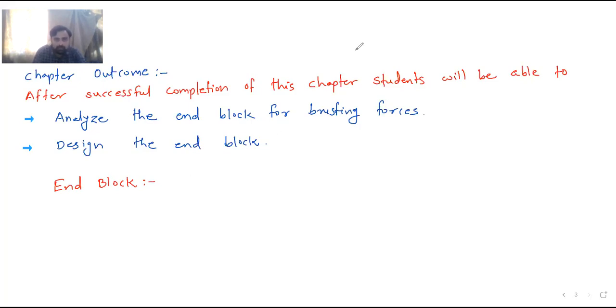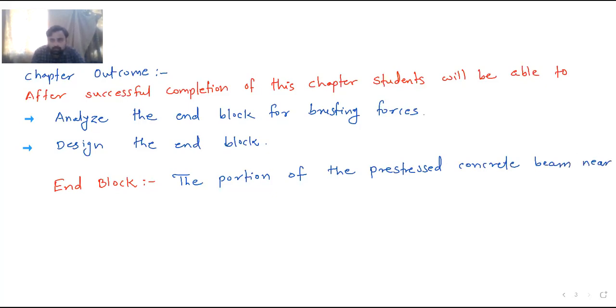So end block is nothing but the portion of the pre-stressed concrete beam near the anchorage of the tendon, known as the end block.